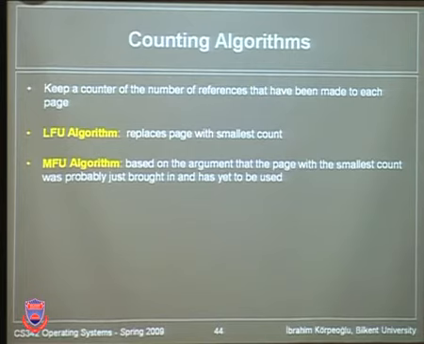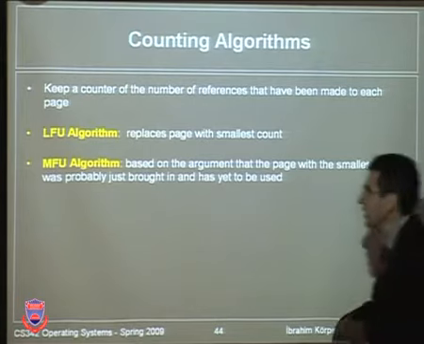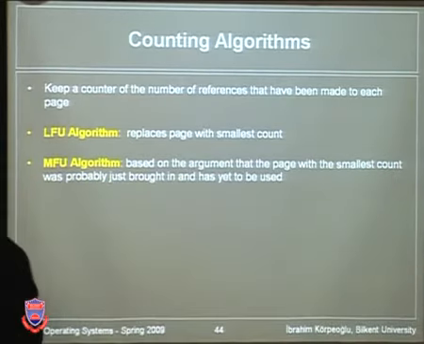So you may argue like that, and you may try to keep such pages whose counters are small in memory. And you may want to remove a page whose counter is large from memory because that page has been used quite long. We have used that page long enough, so probably we will use some other pages and that page will not be used. We may argue like that, and we can remove such a page whose counter is quite large. So that algorithm is called the MFU algorithm.